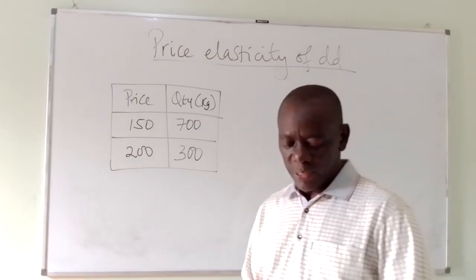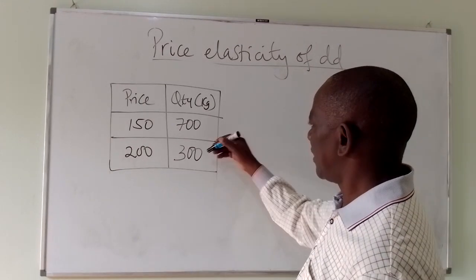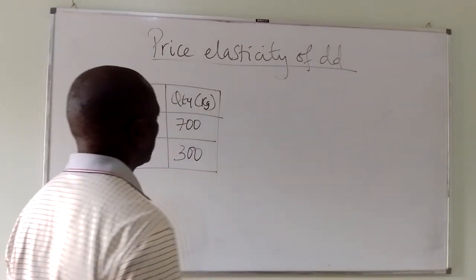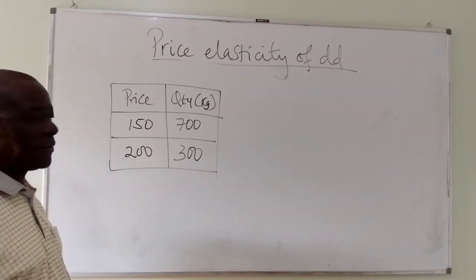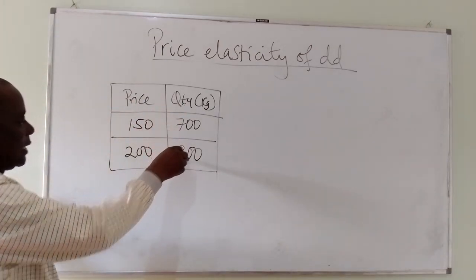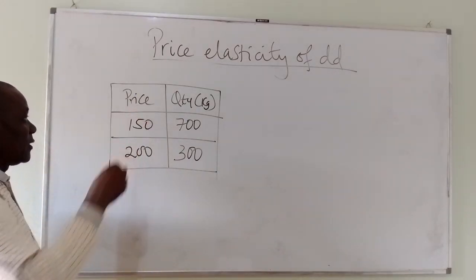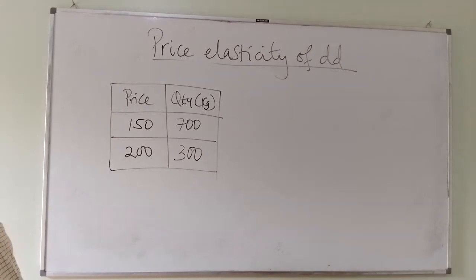So using our formula, which we have just seen, how do we calculate the price elasticity of demand? That is the percentage change in quantity demanded as a result of the percentage change in the price of the commodity.